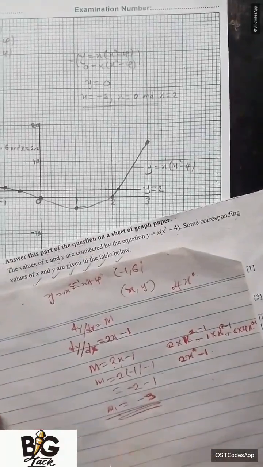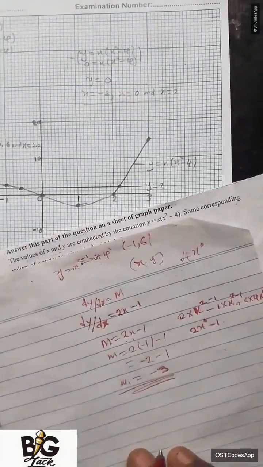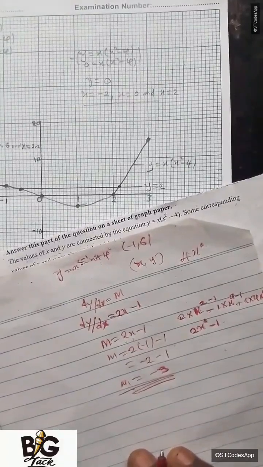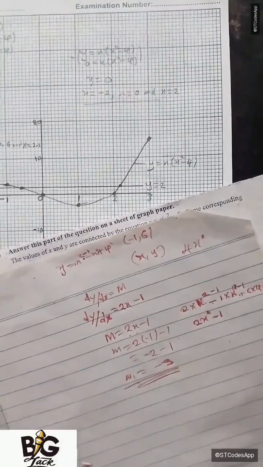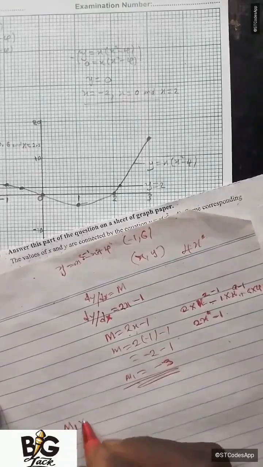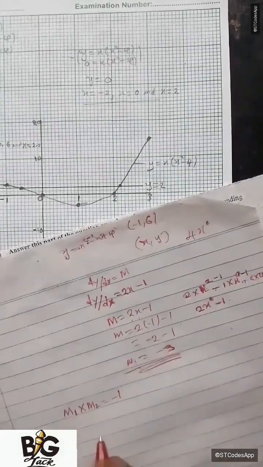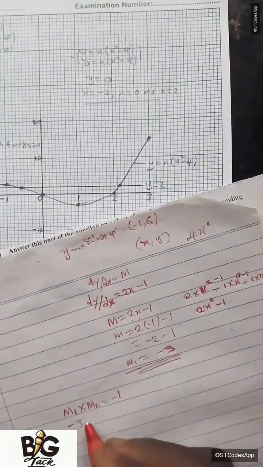Now this one here is the first gradient, or gradient number 1. So when you are finding the equation of the normal, the first gradient you are going to find will be the gradient for the tangent. So let's find the next gradient, which is gradient 1 multiplied by gradient 2. We need to get negative 1. So gradient 1 here is negative 3 multiplied by gradient 2.